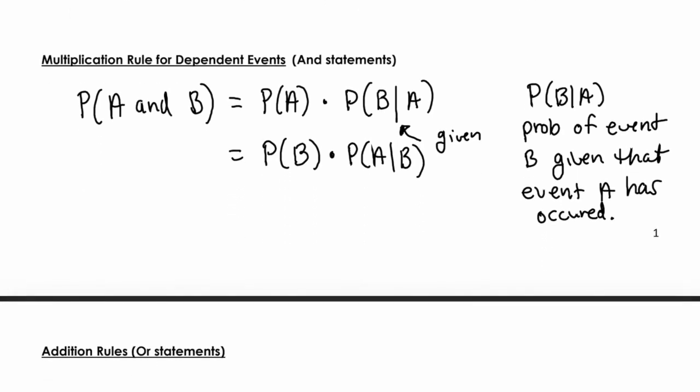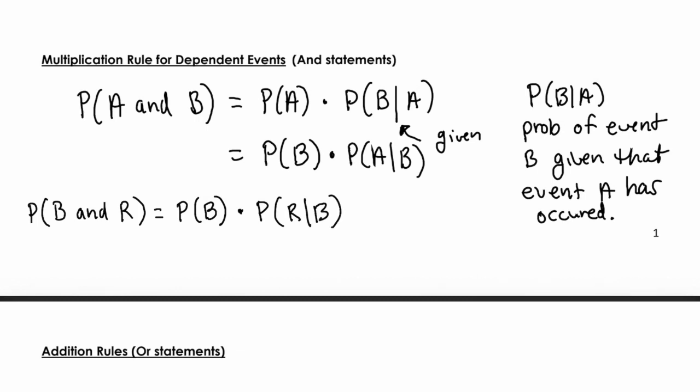If we go back to our example with our bucket with blue and red chips, let's say I want to find the probability that I pick a blue chip and then a red chip. So using this notation that we just learned, what I want to do is find the probability that I got a blue chip and then multiply it by the probability of getting a red chip given that I already picked a blue chip.